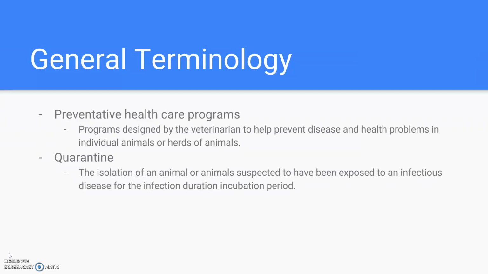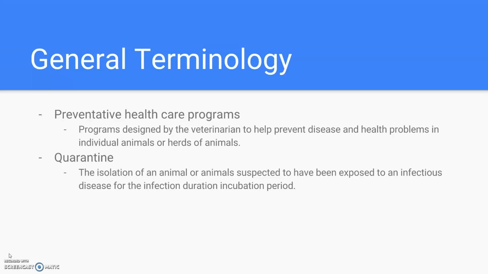Preventative healthcare programs. This is what you do when you take your dog to the vet every year, basically. This is a program that's designed by the veterinarian to help prevent diseases to your animal and any health problems. So this would include yearly vaccines for dogs, bi-yearly vaccines for horses or larger animals.